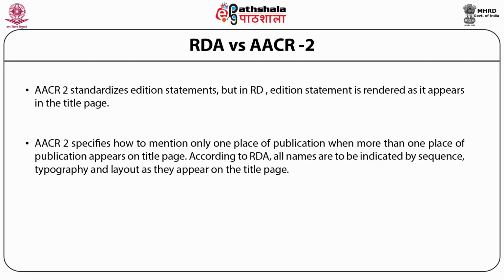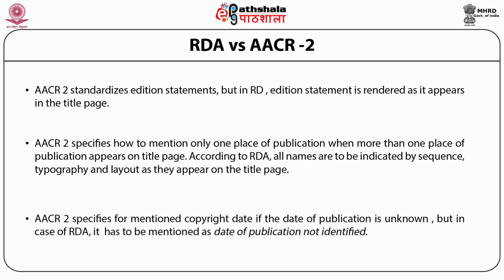According to RDA, all names are to be indicated by sequence, typography, and layout as they appear on the title page. And lastly, AACR2 specifies to mention copyright date if the date of the publication is unknown. But in case of RDA, it has to be mentioned as date of publication not identified. So these are some of the major differences between RDA and AACR2.